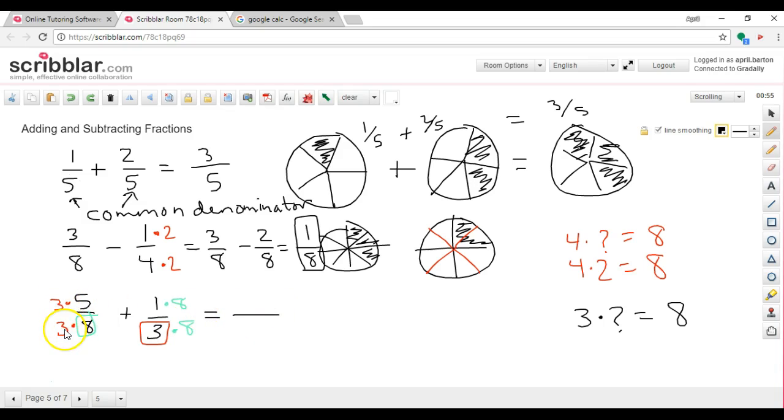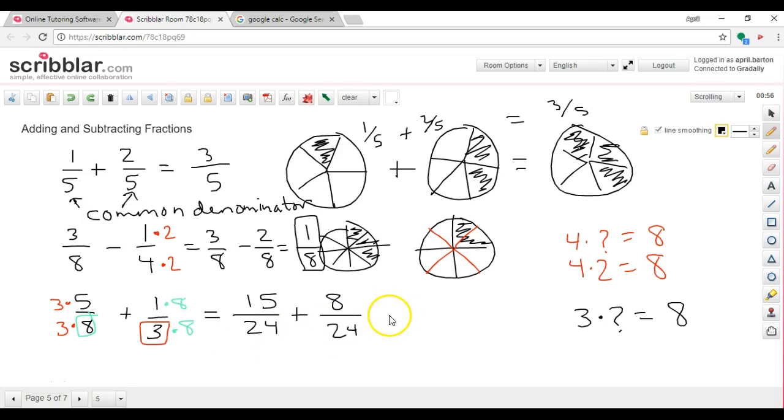So same idea though, what we did to the bottom, we multiplied the 8 by 3 so that we get the same denominator of 24. You have to multiply the top by 3. 3 times 5 is 15. The second fraction, 3 times 8 is 24, and 1 times 8 is 8.